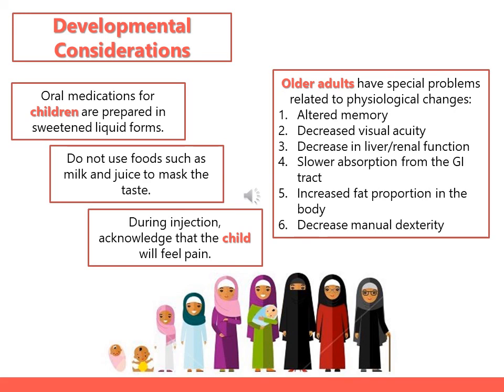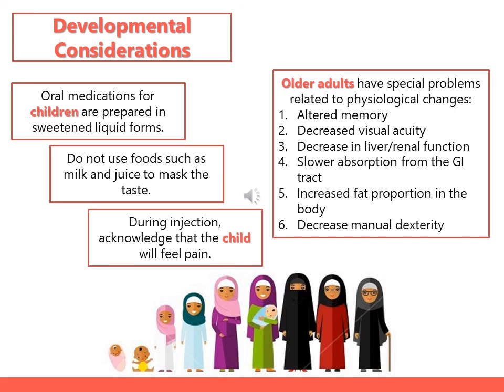Slower absorption from the GI tract. Remember, in our earlier discussion, medications, especially oral medications, are absorbed mainly in the GI tract. And because the patient might have some issues in the stomach, the absorption is very low, you might expect that there is also an effect for the medication absorption.